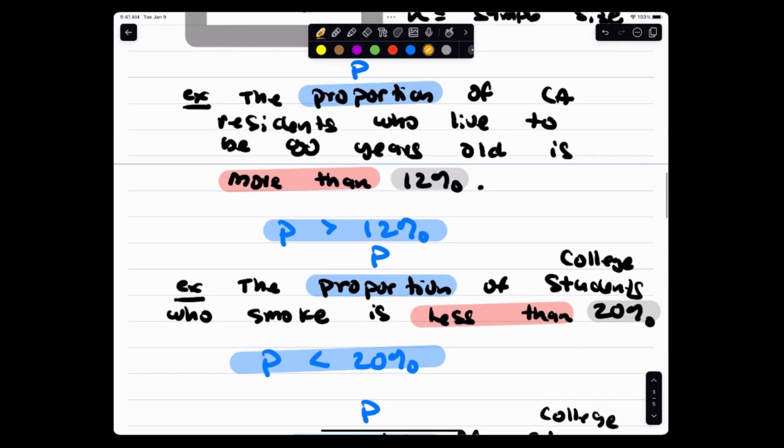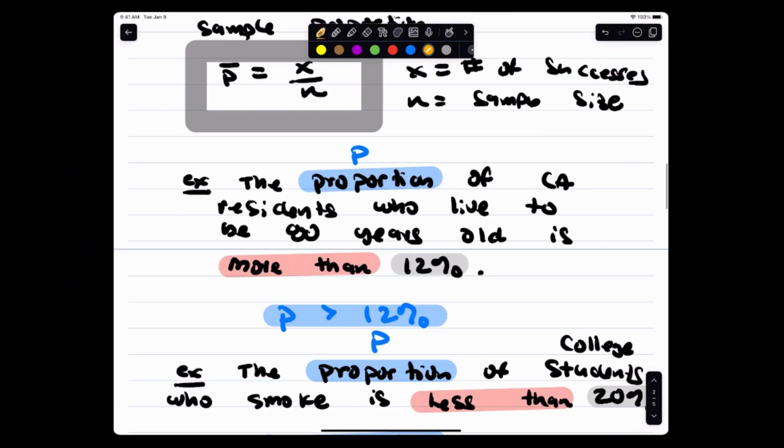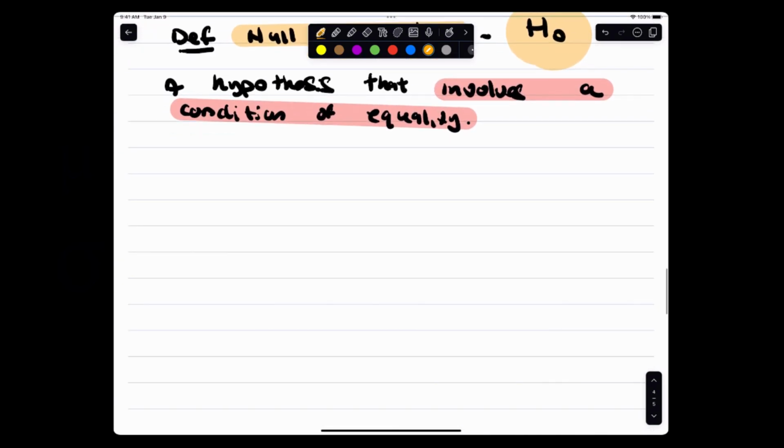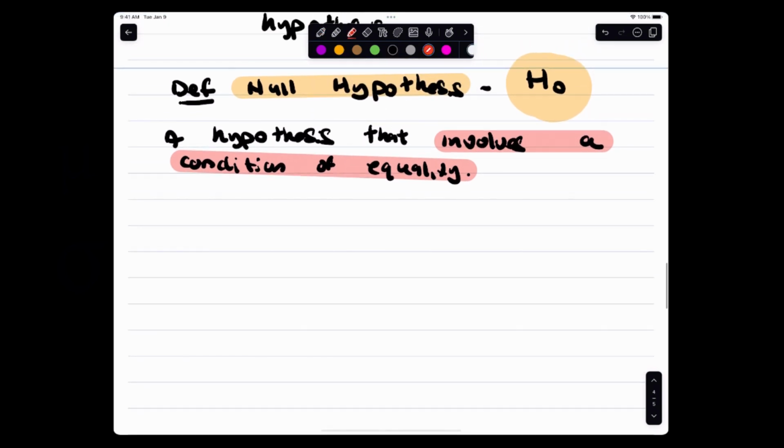So let's ask you, which involves a condition of equality? Where do you have it? Which one of these hypotheses have equality? Because I'm going to write this down in case you guys didn't notice. All of those symbols, we had equal, right? What else do we have? Not equal, greater than, less than, greater than or equal, less than or equal.